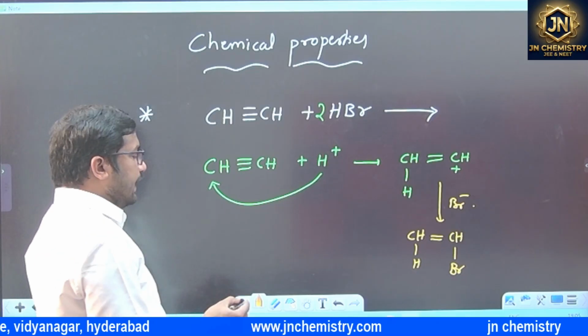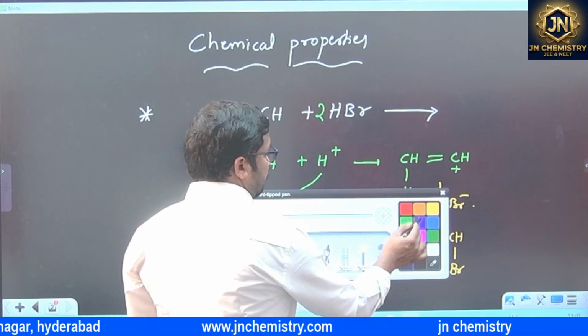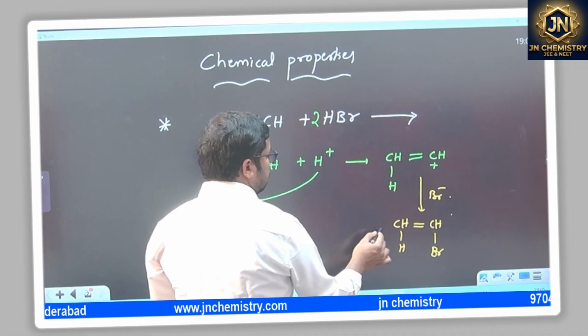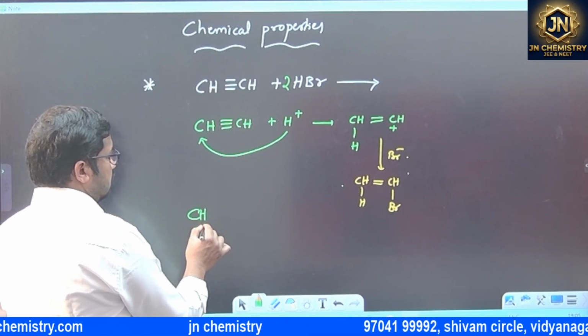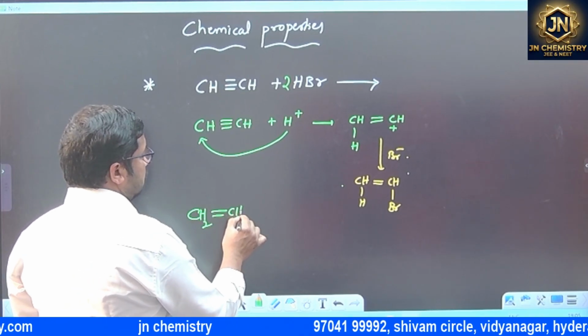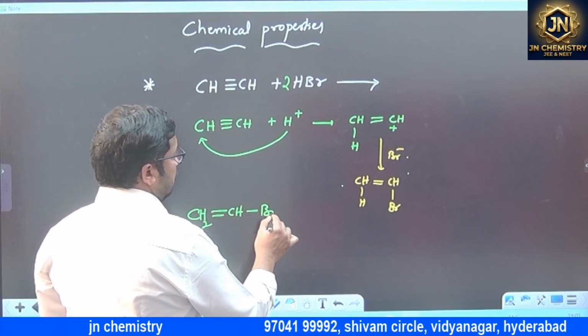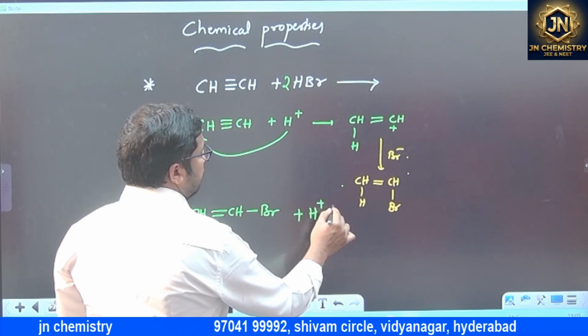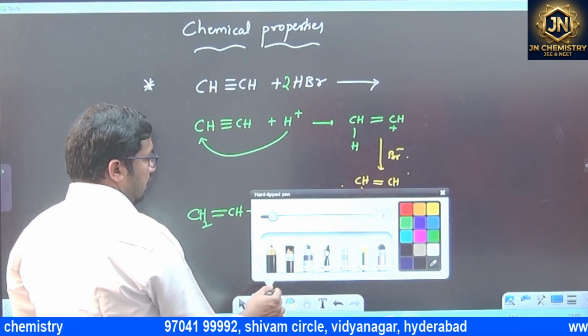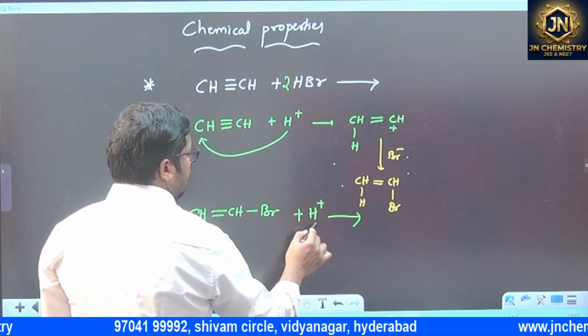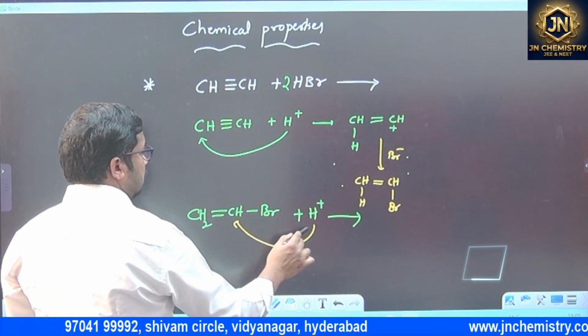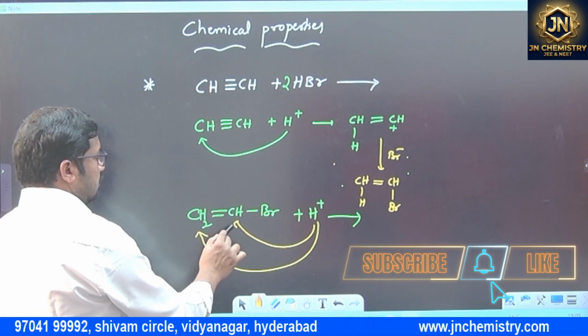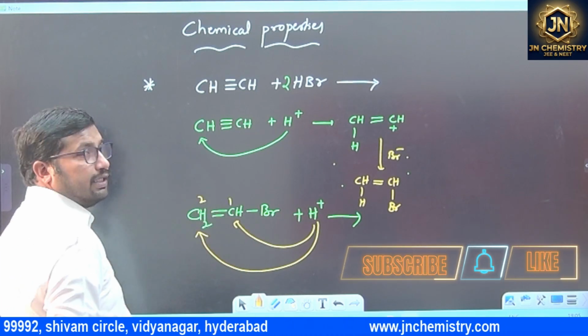Next, what about the second mole? The second mole is important. CH2 double bond CHBr. Now the H plus is attacking at which position? Let me know. The first position or the second position? Imagine I'm giving the numbering like this.